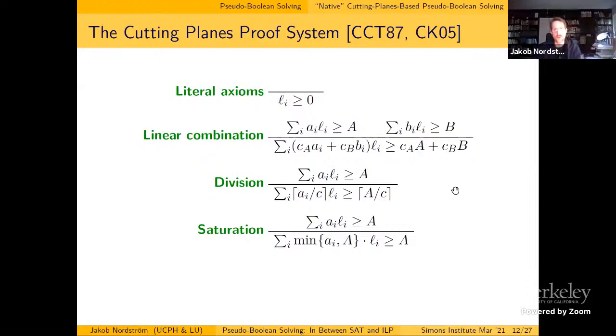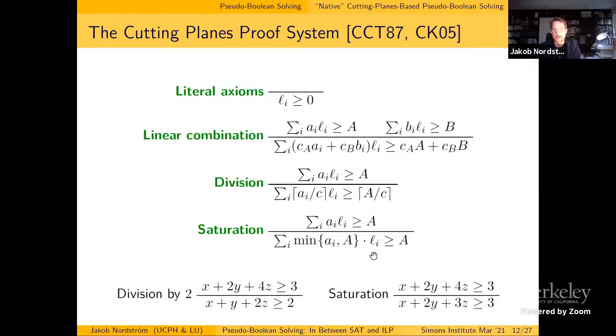But if you're doing solving, you also want to use the saturation rule, and maybe saturation is easier to see by an example, also division by an example. So suppose I have this constraint x + 2y + 4z ≥ 3. If I divide by 2 and round up everywhere, then I get x + y + 2z ≥ 2. So this is what division does.